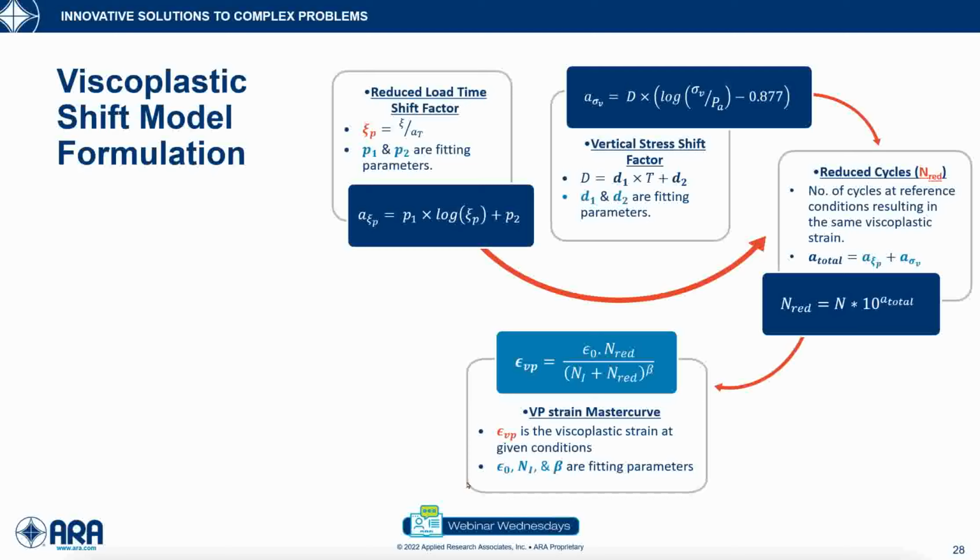And what I mean by reduced number of cycles is the number of cycles at a specific reference temperature and stress. So for a given temperature and stress, I can know what the viscoplastic strain is for a reduced number of cycles. Now, because of the applicability of time temperature superposition and time stress superposition, I can then know what is the viscoplastic strain at any number of cycles for any temperature for any stress. And that's the power of the shift model. Now, the shift model does have coefficient or fitting parameters that we need to determine, and we can determine those from the SSR test.